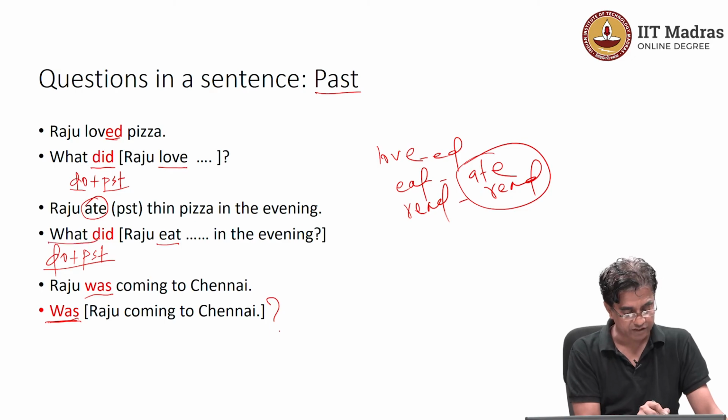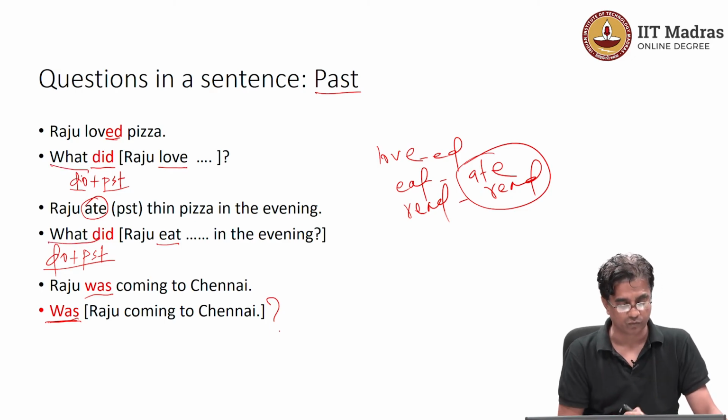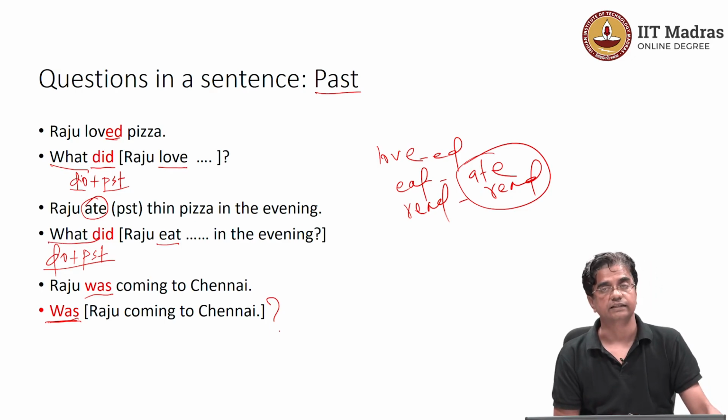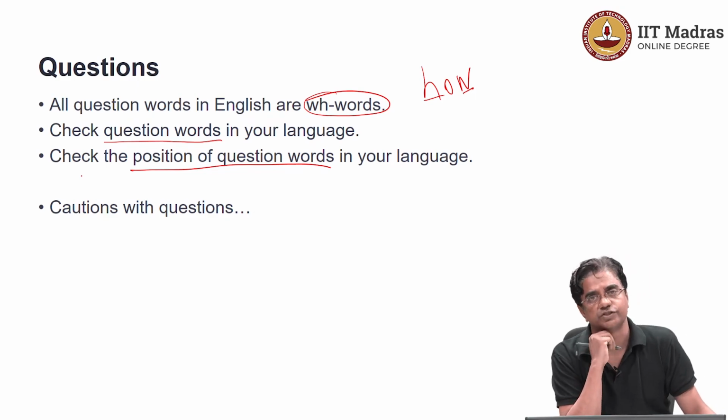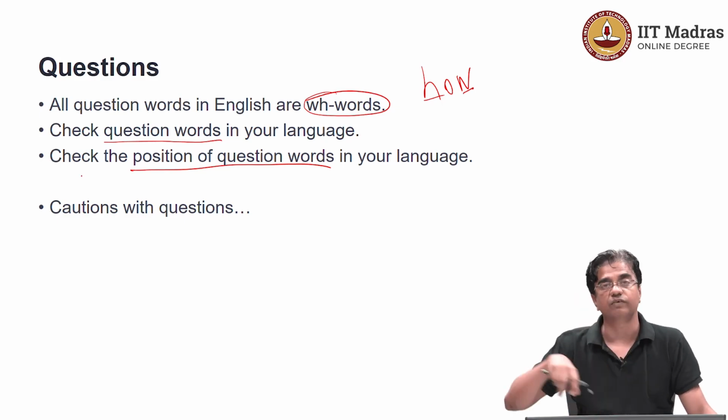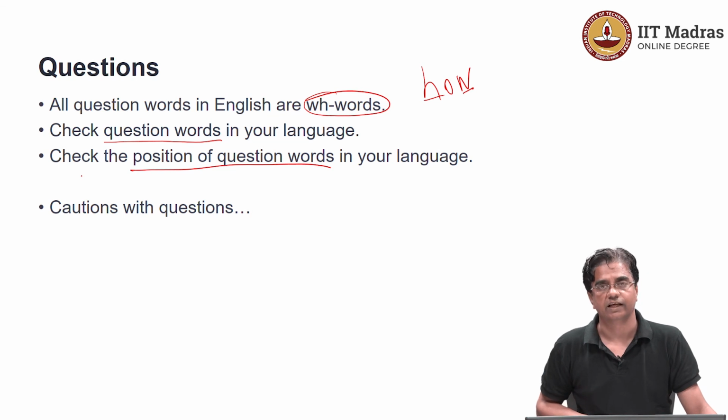What did Raju eat? What did Raju love? These are the content type of questions with what. So, please check the position of question words in your sentences. How would you do that? And why will that help you learn English?